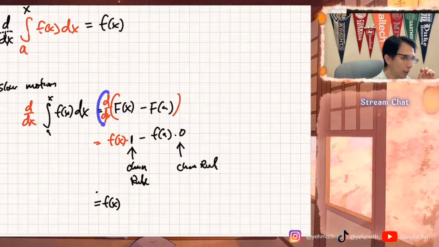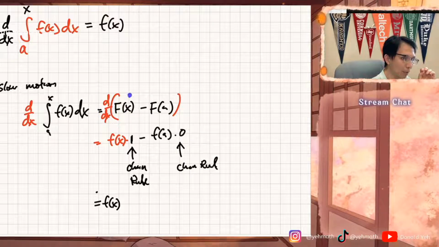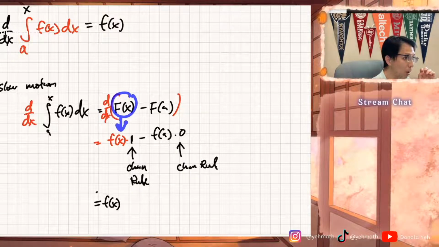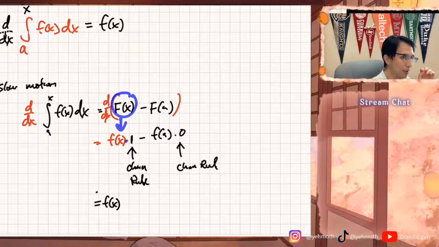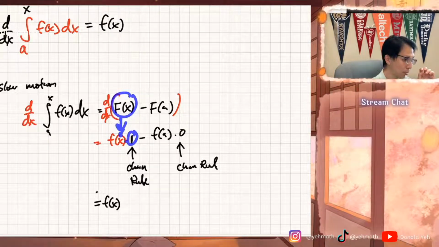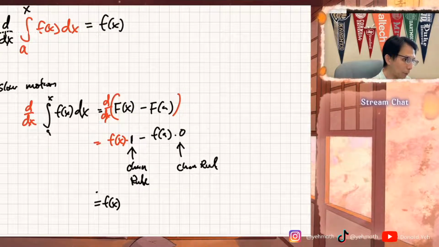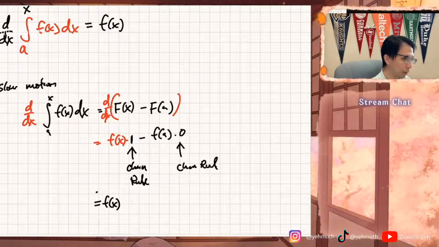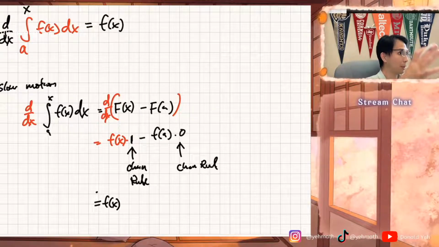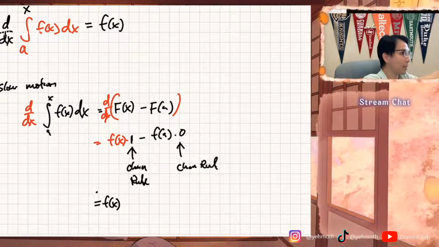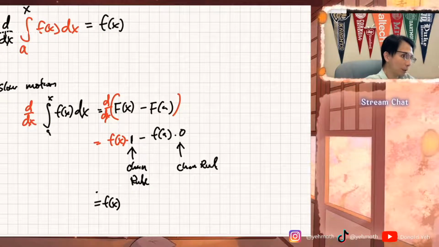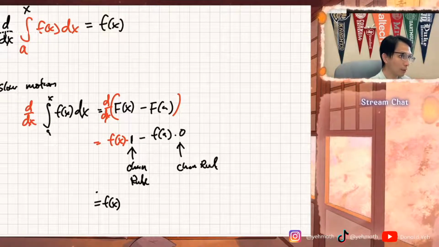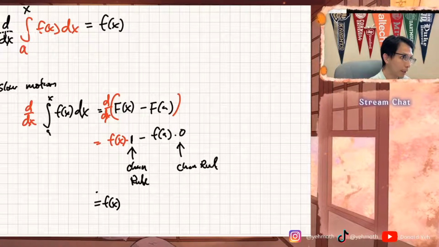Then I take a derivative, so the derivative of big F of x gives me small f of x times the derivative of x, which is 1. Normally people don't forget that 1, but it is super important because of the chain rule. Is this okay?